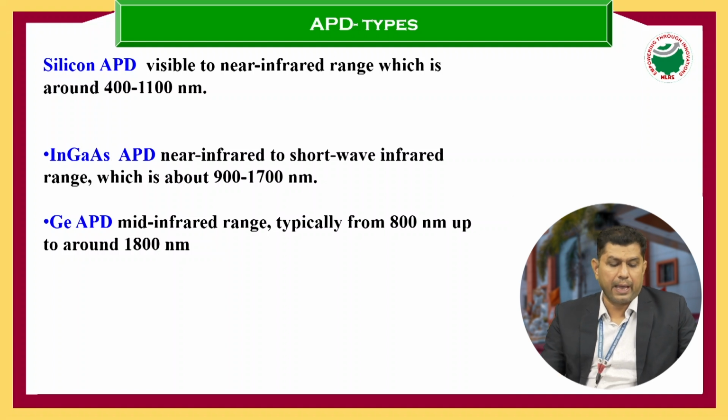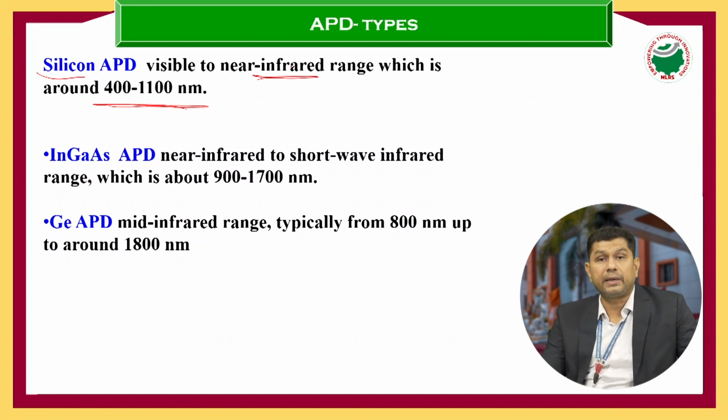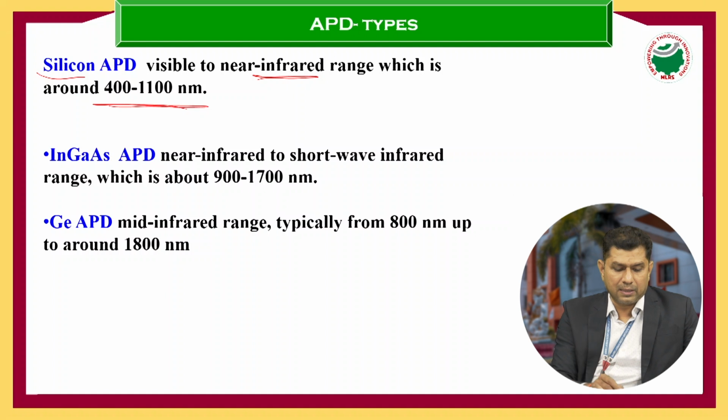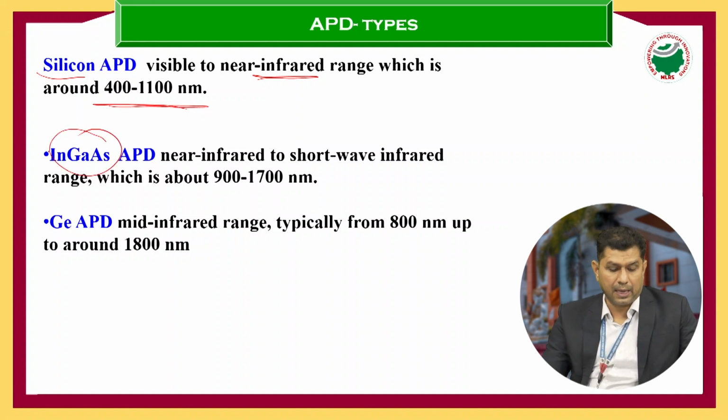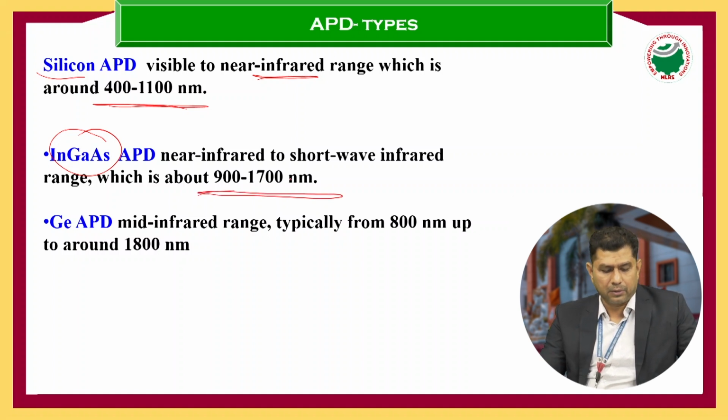We can make APDs using silicon, but when made with silicon, they are used to detect light in the range of 400 nm to 1100 nm, which is visible to near infrared. When you make the APD with indium gallium arsenide, a compound semiconducting material, you can detect light in the range near infrared to short infrared.